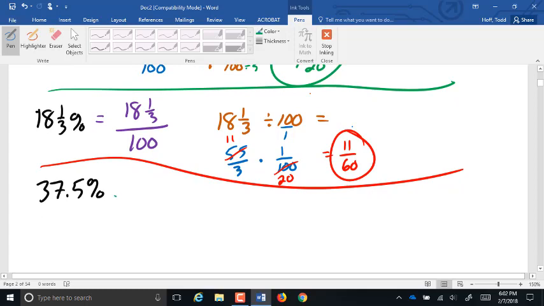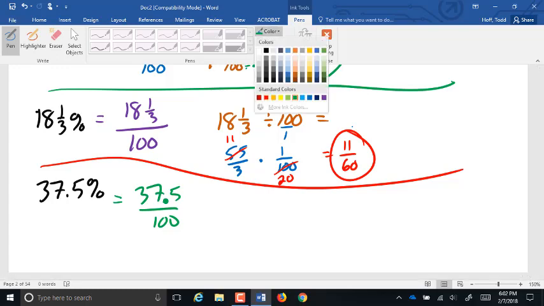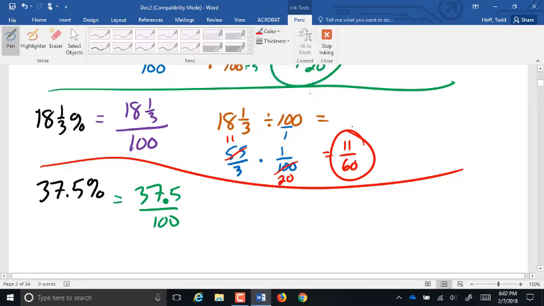Finally, 37.5 is 37.5 over 100. To get rid of that decimal, there's only one decimal place, so we multiply by 10. 37.5 times 10 is 375. 100 times 10 is 1,000.